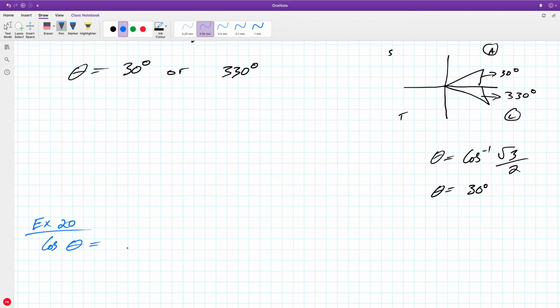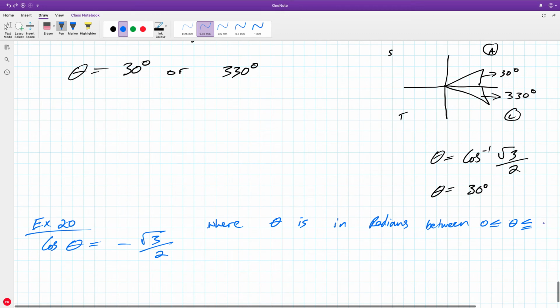Cos of theta is equal to minus root 3 over 2, where theta is in radians between 0 and 2 pi.